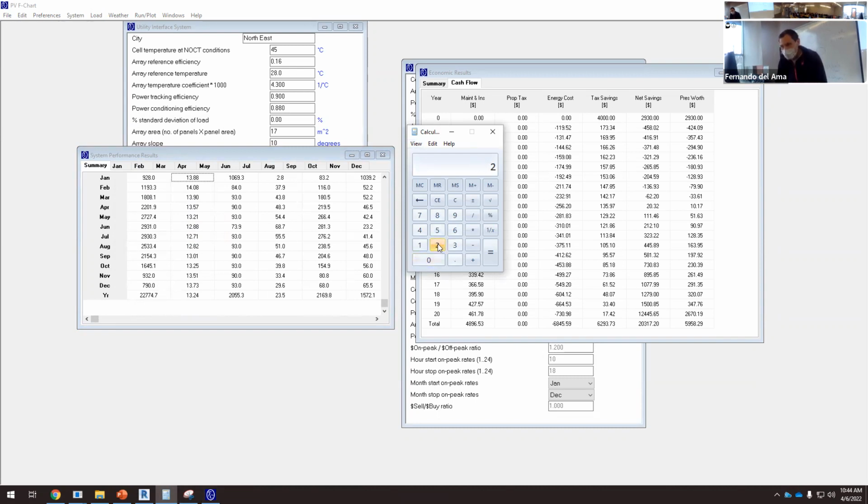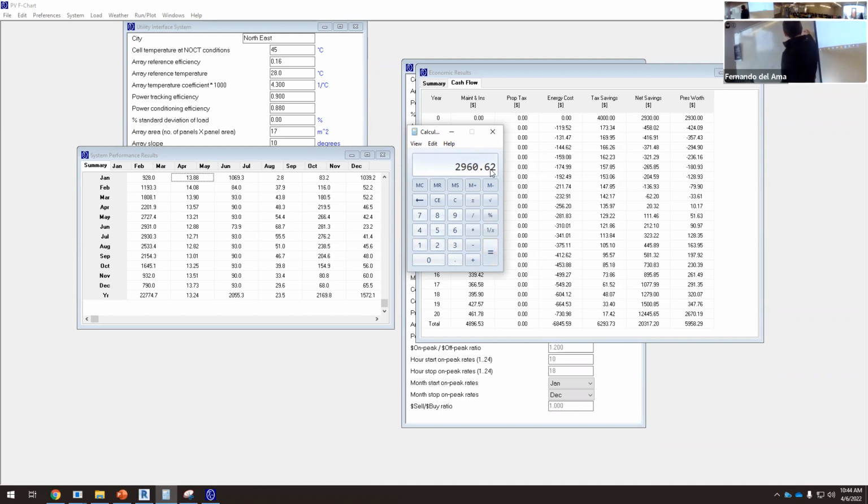So let me check this. 22,774 times, and the efficiency is 13%, so times 0.13. Okay, so the yearly production is 2,906. So that's PV watts.